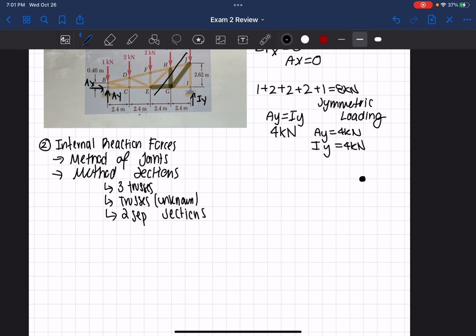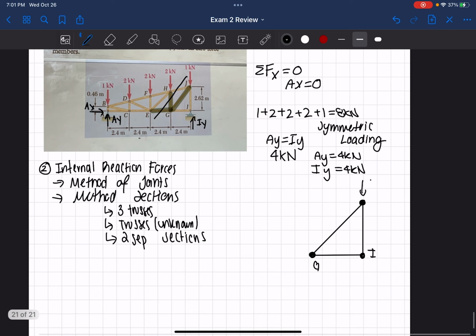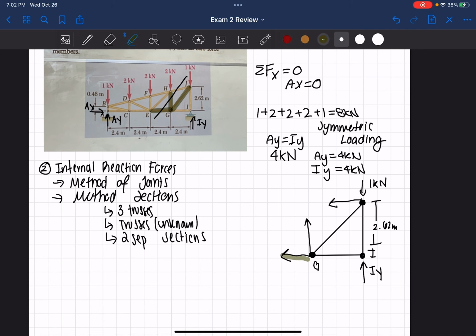So we have J, I, this is G, we have 1 kilonewton. This is 2.62 meters. We have a force here, I1. And I'm keeping in mind that we're solving for this and this.